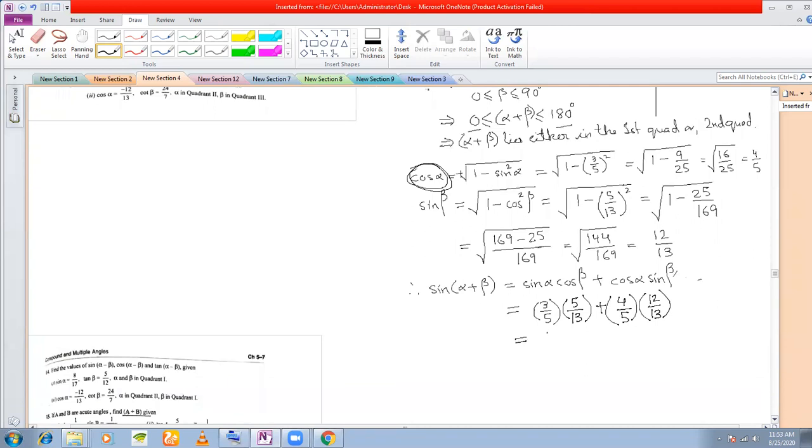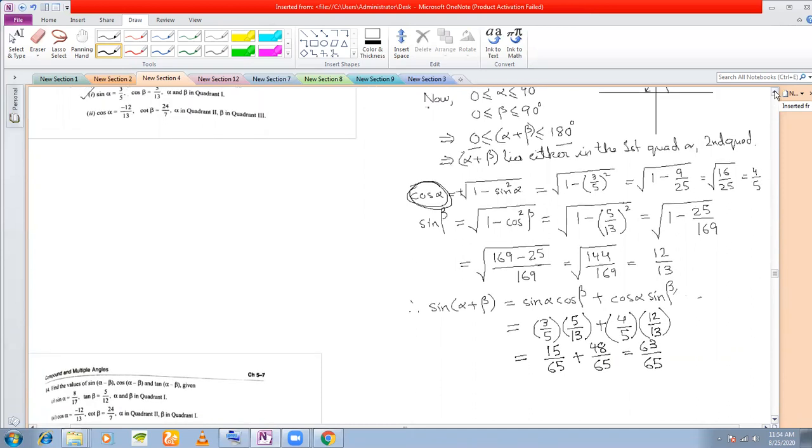So this will get 15 by 65 plus 48 by 65. So this is 48 plus 15 is 63 by 65. So sine alpha plus beta we are getting 63 by 65.